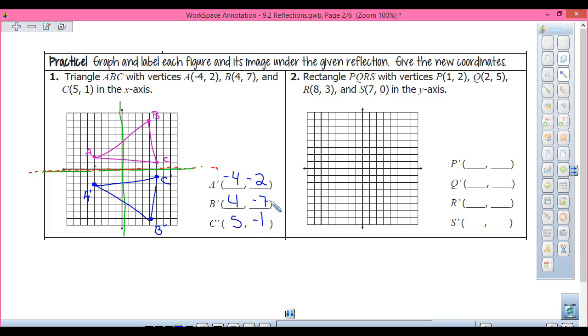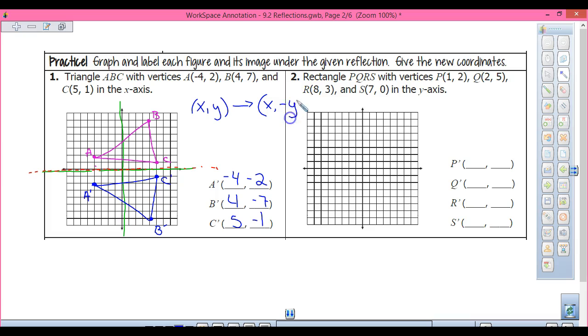So on your gold sheets, reflection over the x-axis, it goes from x, y to what? What happened? Did my x's change at all? No. So my x's stayed the same. What happened with my y's? How did they change? They went to the negative.